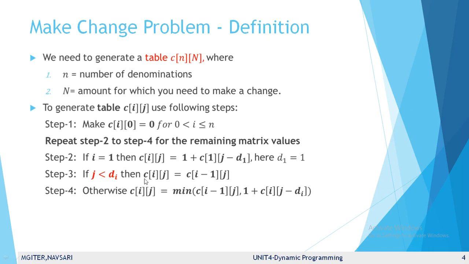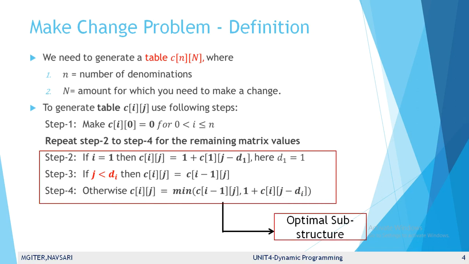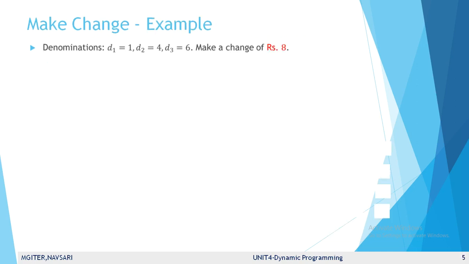If j is less than di, then C of i, j is equal to C of i minus 1, j. Otherwise, C of i, j is equal to the minimum of C of i minus 1, j, comma, 1 plus C of i, j minus di. Now, this is the optimal structure for generating the table.